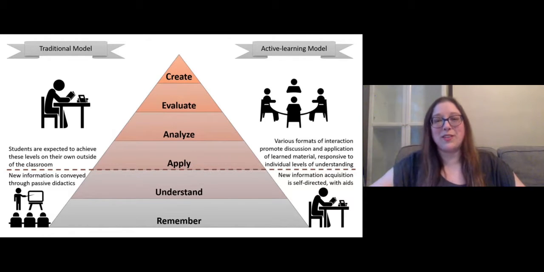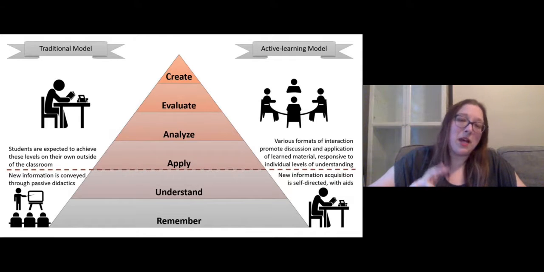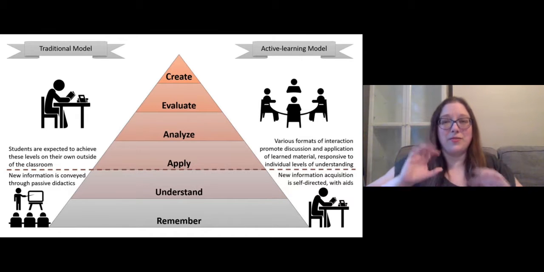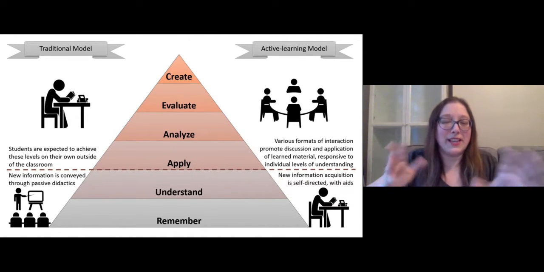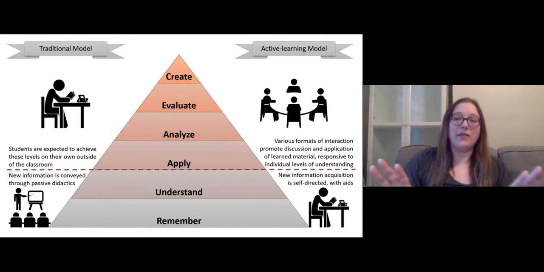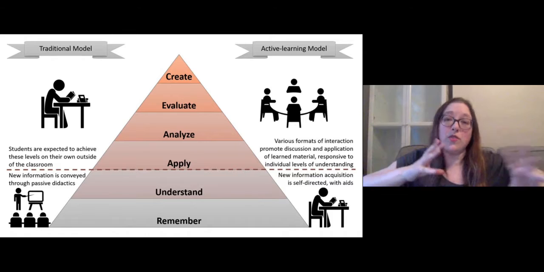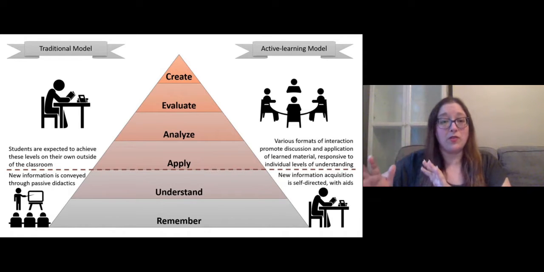And remember, one of the things we talked about is that this hierarchical pyramid is maybe sometimes helpful, maybe other times not so helpful. And you can go back and review in Module 1 the different ways this has been visualized. But I like it here because it helps us think about dividing these tasks up and what the traditional model is really useful for and what the active learning model is really useful for.